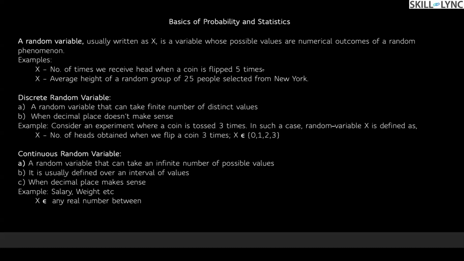I can say 1 head, 2 heads, 3 heads, 4 heads. I cannot say 1.5 heads. So that is a discrete random variable. But a continuous random variable is where the decimal point makes sense. Salary, your weight can be 70.5, 70.2, right? So it makes sense. So that's the difference between a discrete random variable and a continuous random variable.